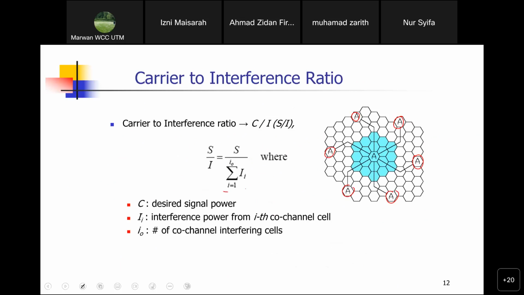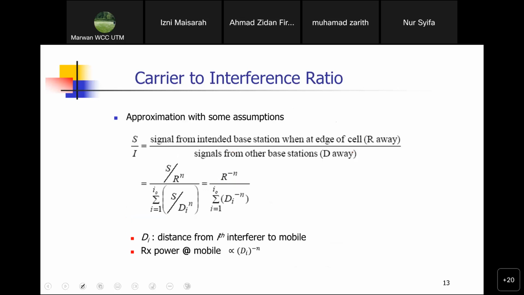You just need to add all the interference. Okay, so that is how you compute the signal to interference ratio when you have 6 co-channel cells around you, because all these 6 will actually interfere with your cell. So let's look at this.